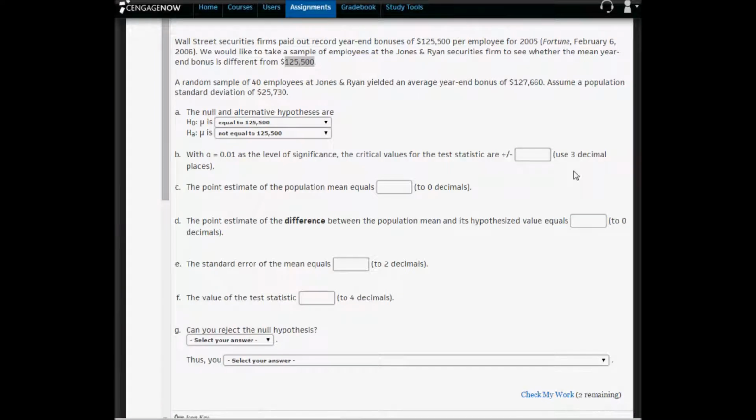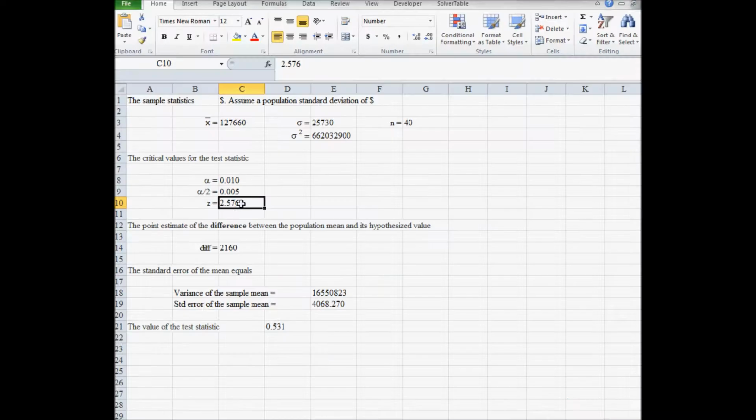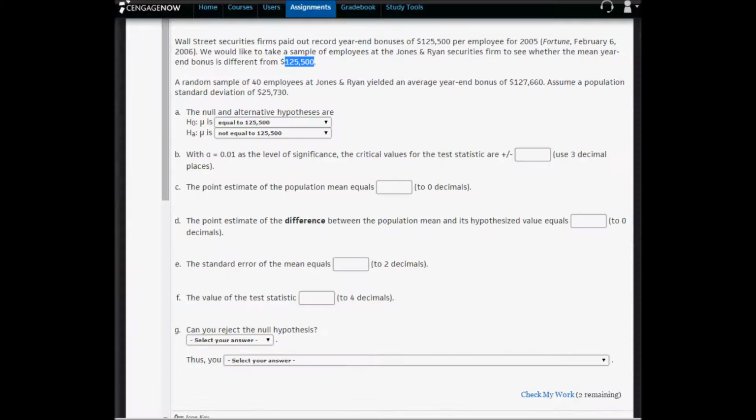In part B, we need to enter the critical values. The critical values were plus or minus 2.576. The point estimate of the population mean is given in the problem. Now, I don't want to include a comma here.